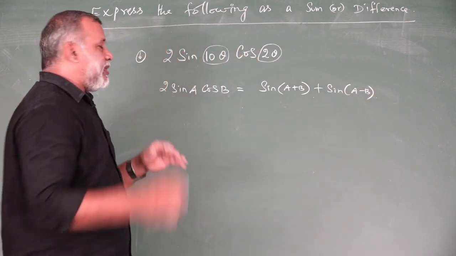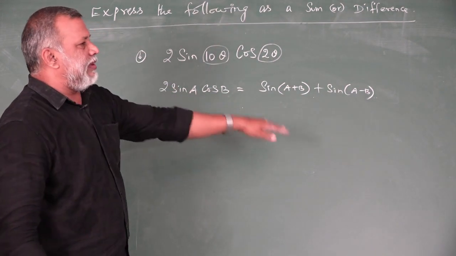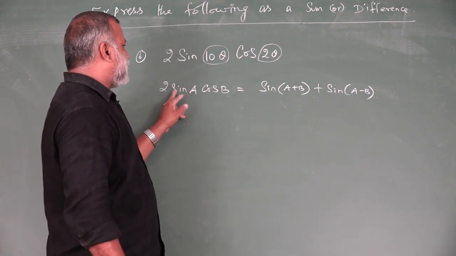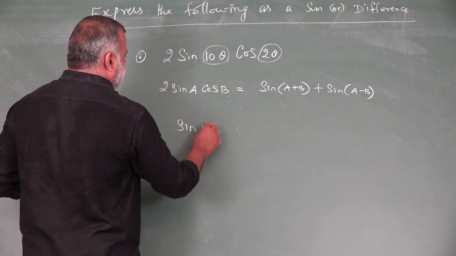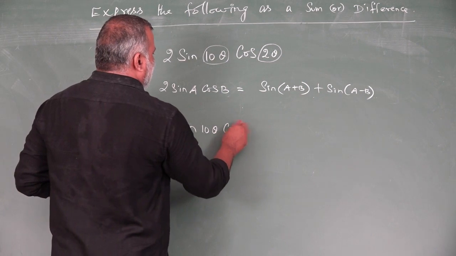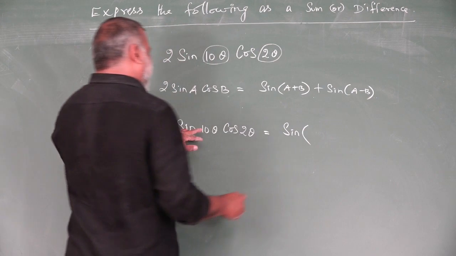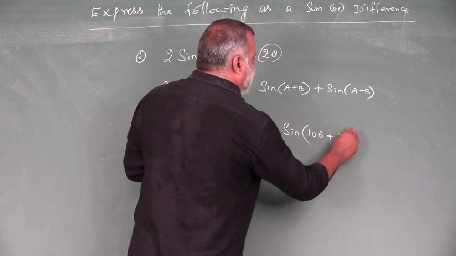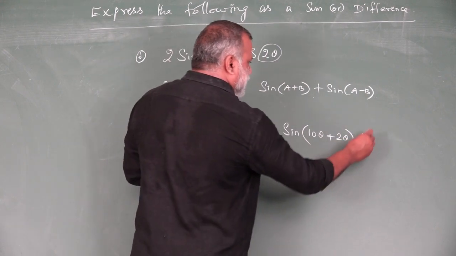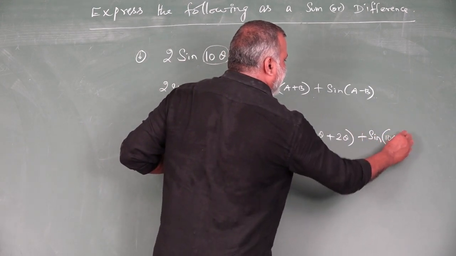So this is the general information. 2 sin A cos B is always the resultant. Suppose here 2 is not given, it will be 1 by 2. Now we are getting 2 sin A cos B. Now instead of sin A 10 theta, cos B 2 theta, that is equal to sin of A is 10 theta, then plus B is 2 theta, again plus sin of A minus B. A is 10 theta minus B is 2 theta.